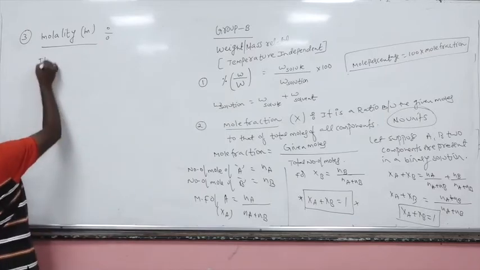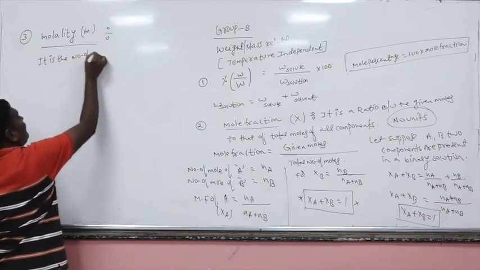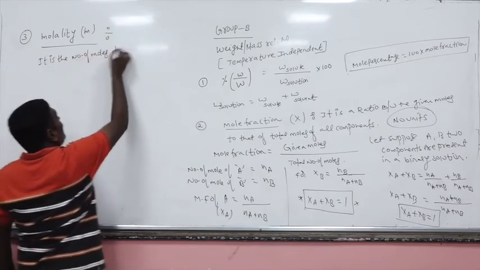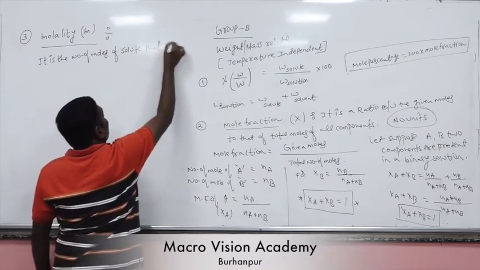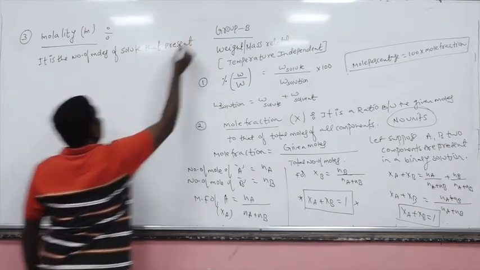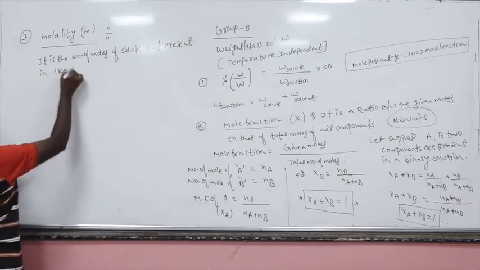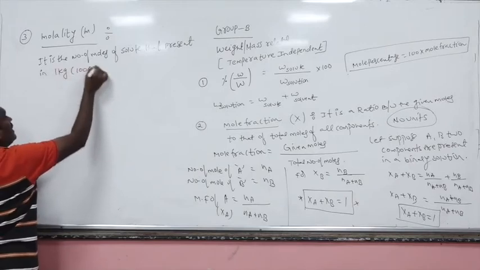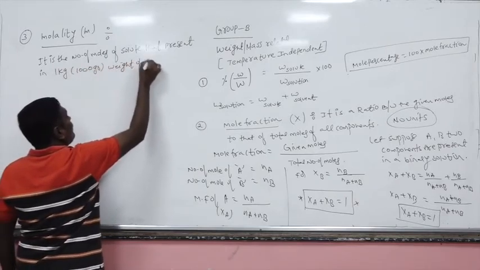Molality is the number of moles of solute present in 1 kg or 1000 grams of weight of solvent.